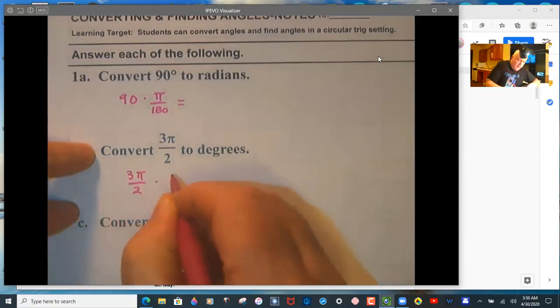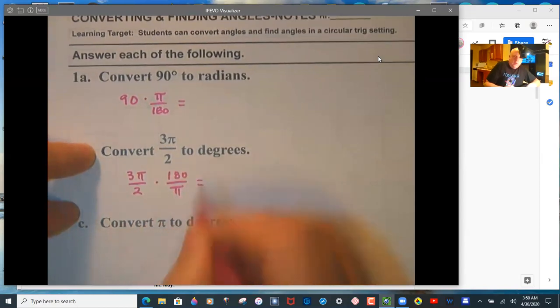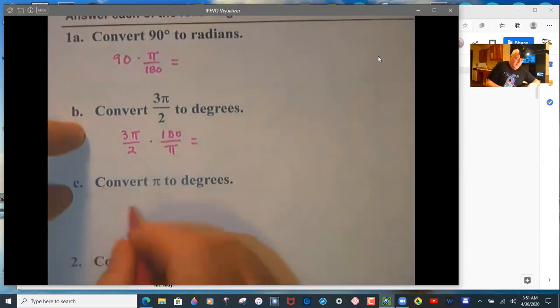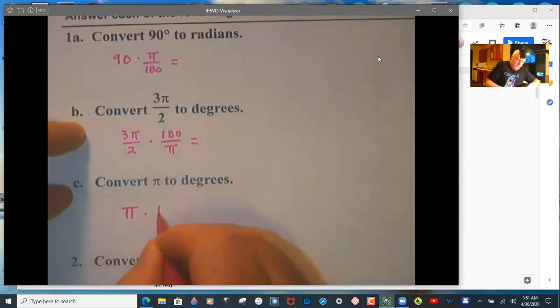So here, I want to cancel pi out, and we'll go back and do the answers when I'm done doing this. So you multiply by 180 over pi. It's just a good way to remember how to do this. So again, we want to cancel pi out.